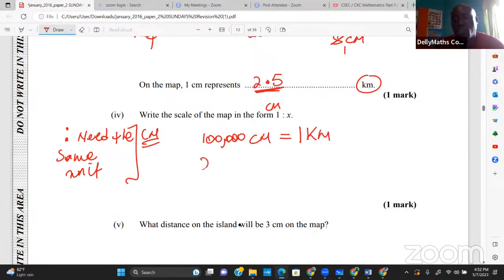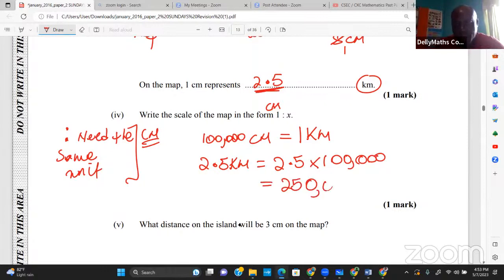So if I have 2.5 kilometers, all I'm going to do is say 2.5 times 100,000, and it's going to give you about 250,000 centimeters.